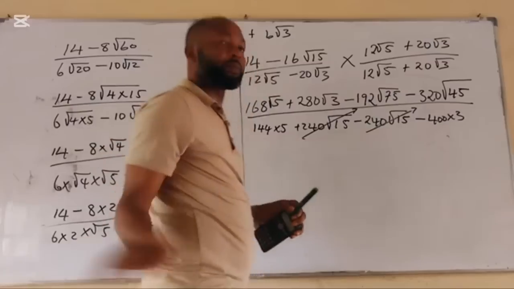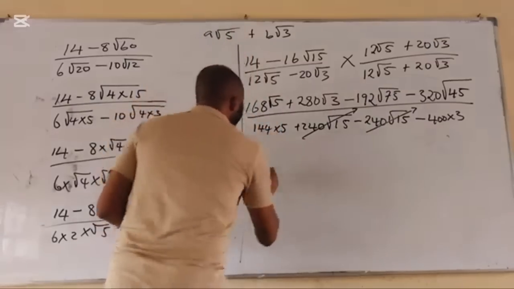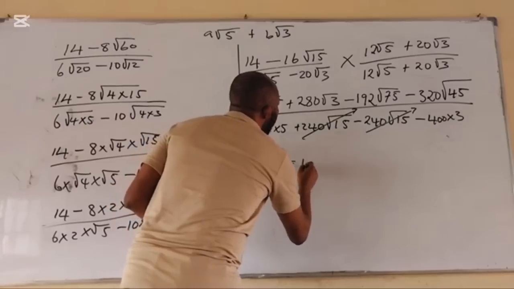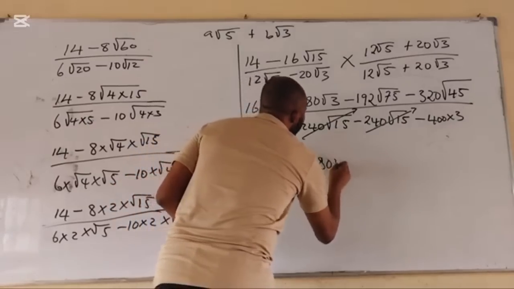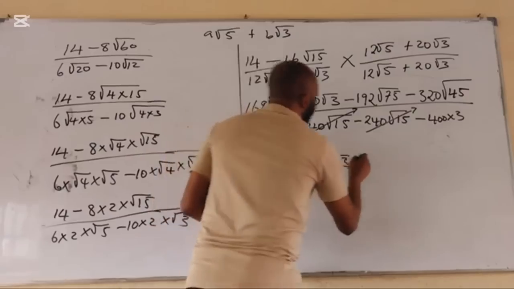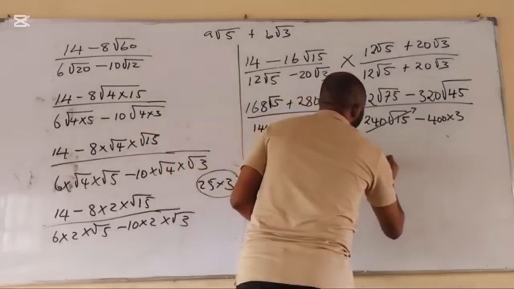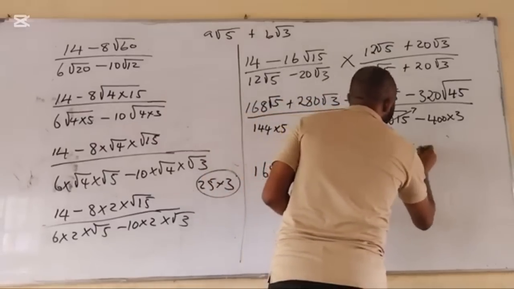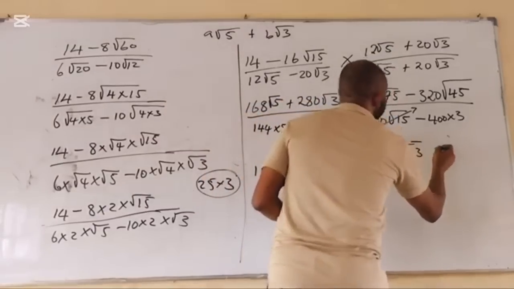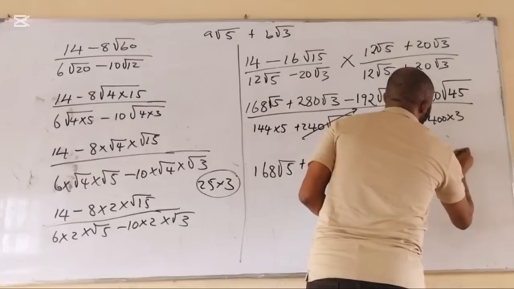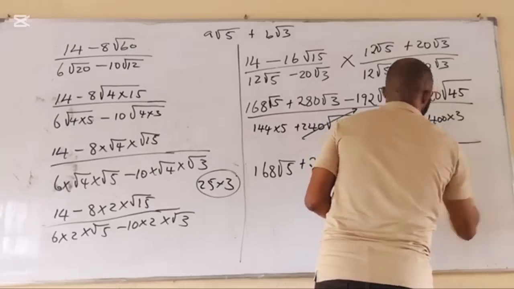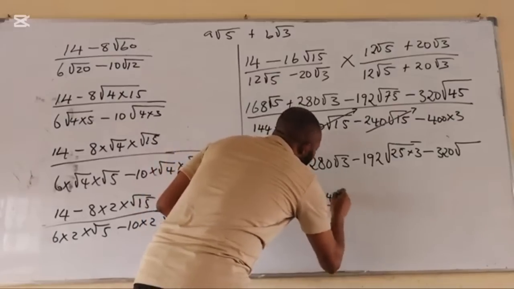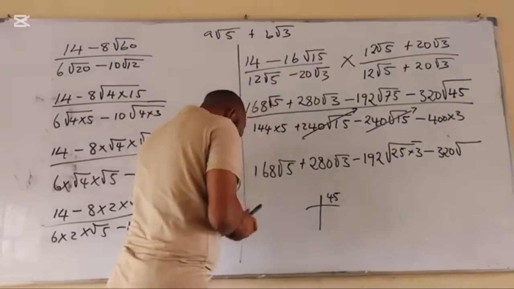Let's go on. Now I have 168 root 5 plus 280 root 3 minus 192 root 25 times 3 minus 320 root that of 45. We have 45 divided by 5.